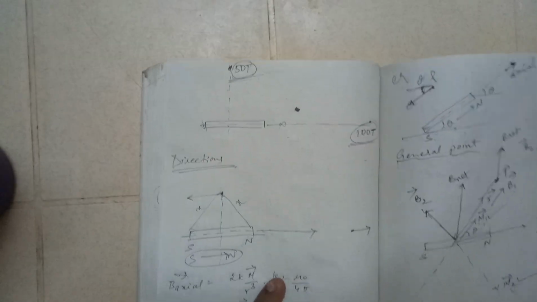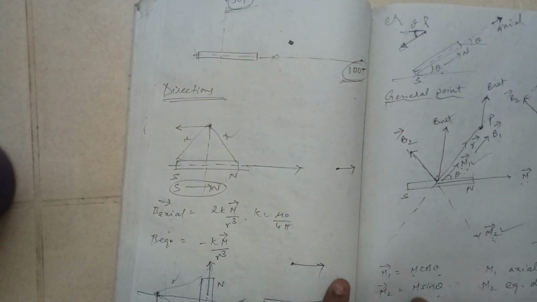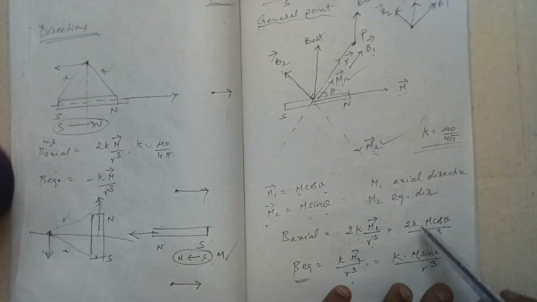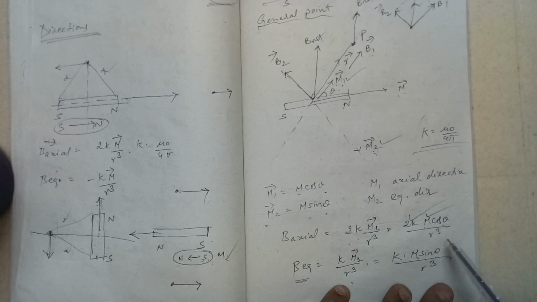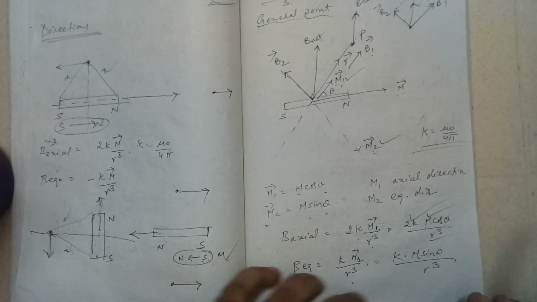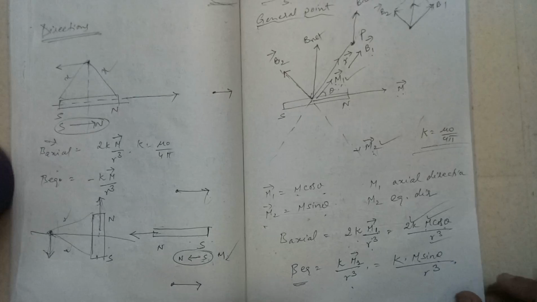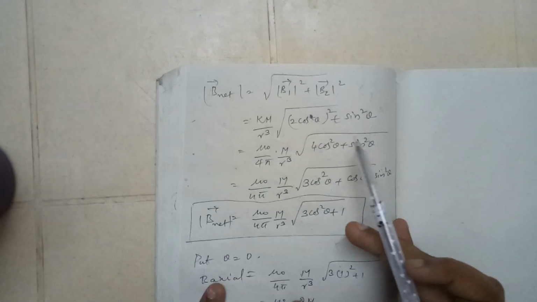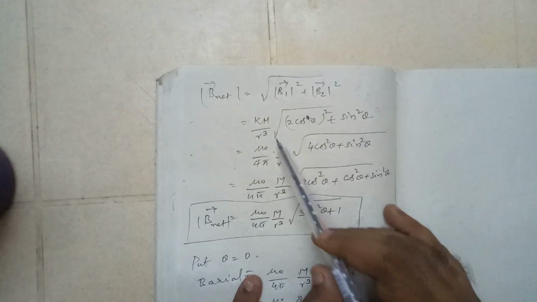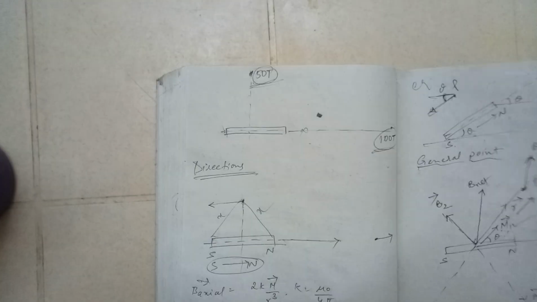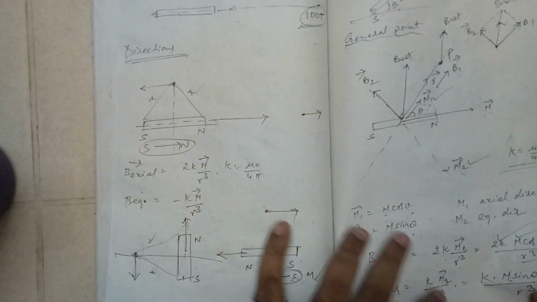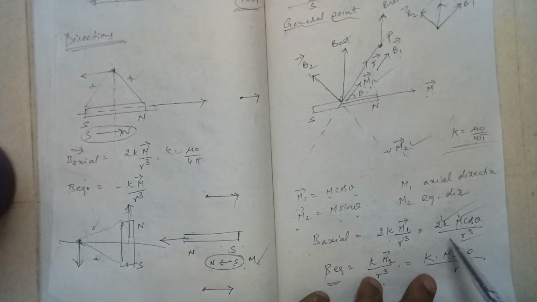In b1 and b2, you can see which terms are constant. k is a constant, m is a constant, r cube is a common term. So you can pull it out. If you pull it out, you get km by r cube into root over, and here there is 2 cos theta.